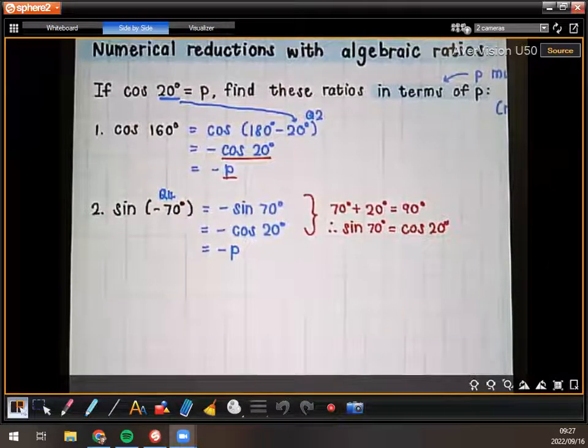Yes, but they didn't ask the cos, they asked the sine. So if we're going from our original question, because it's sine in the fourth quadrant, we get negative p. If it was cos, it would be really different. But okay, number 3.